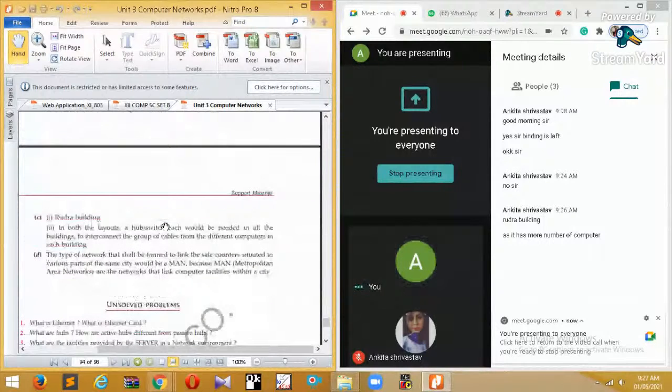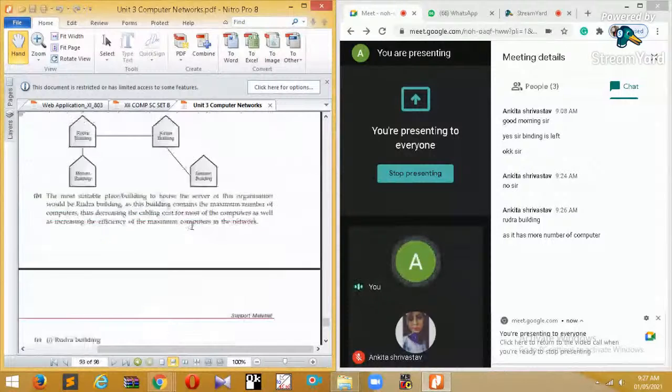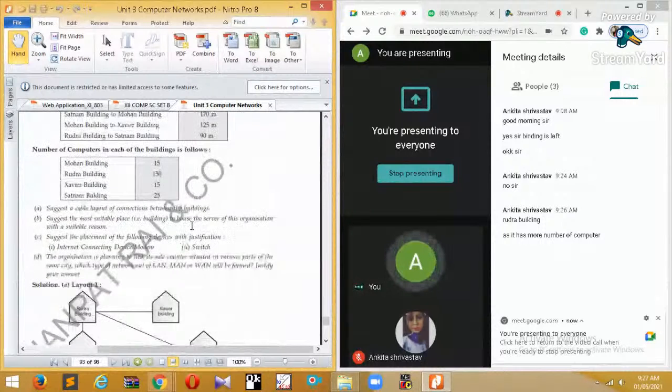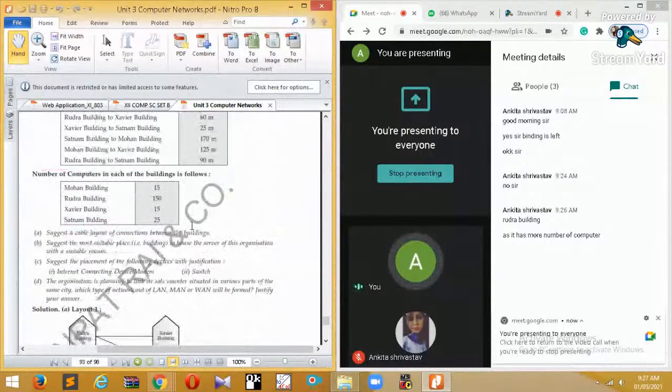As I told, these are very common questions for every paper. You will get this question. It is quite a short question, a 4 or 5 marks question. Then, suggest the placement of the following devices with justification. Here it is quite different.